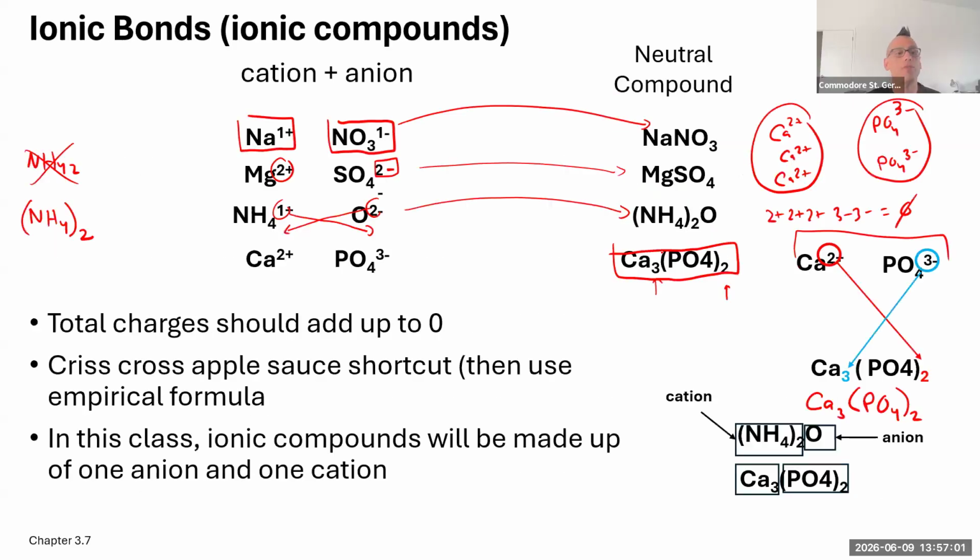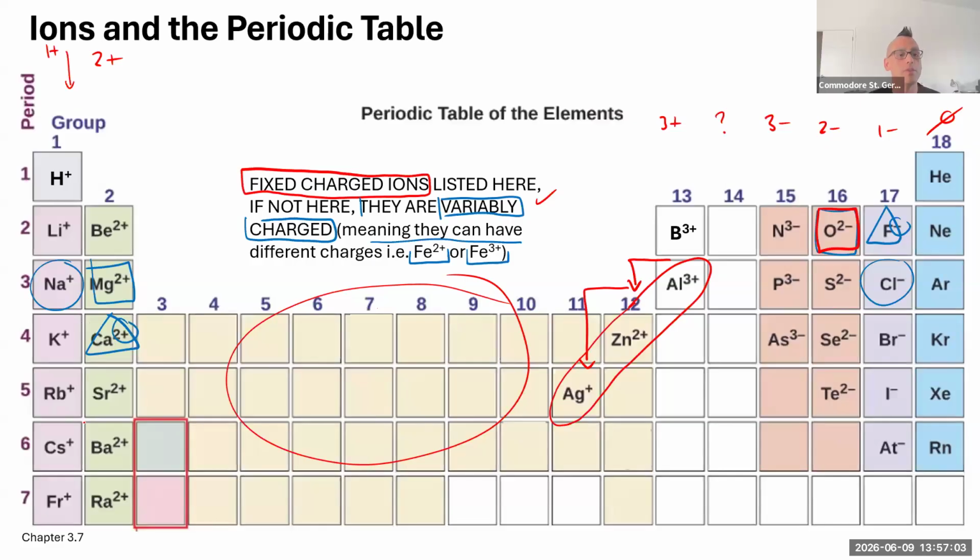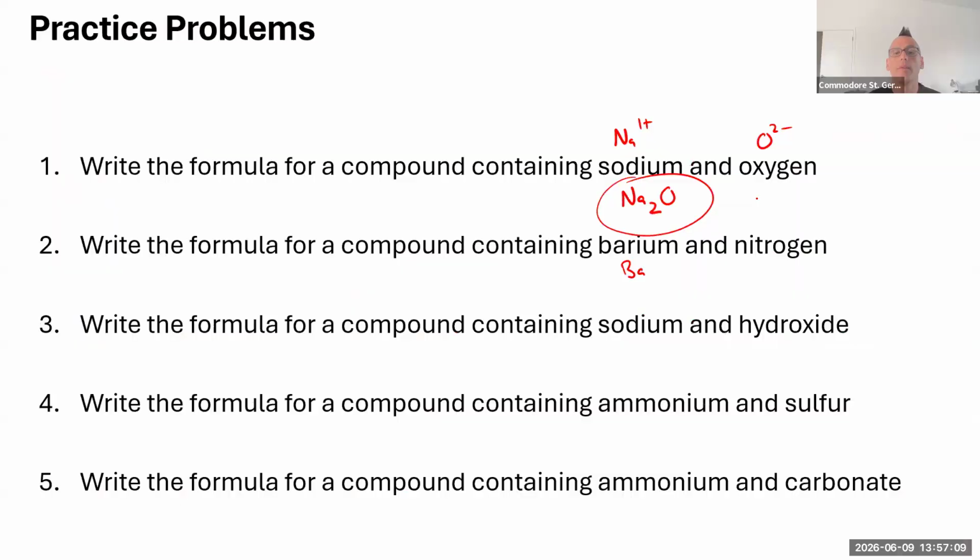If you look at barium and nitrogen up here, right, barium is a 2 plus, nitrogen is a 3 minus. So let's take a look there. Barium is a 2 plus, nitrogen is a 3 minus. We bring those down, it becomes Ba3N2.